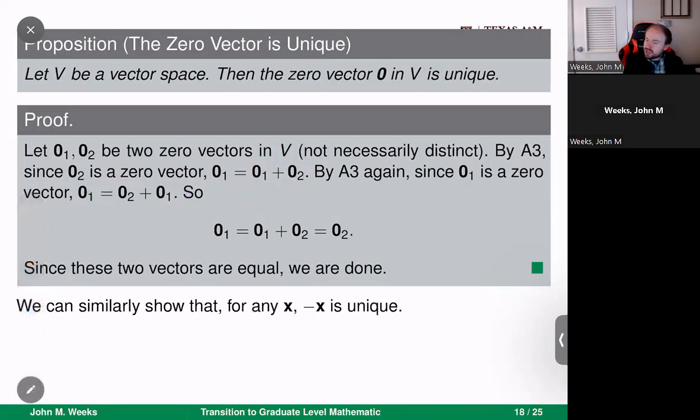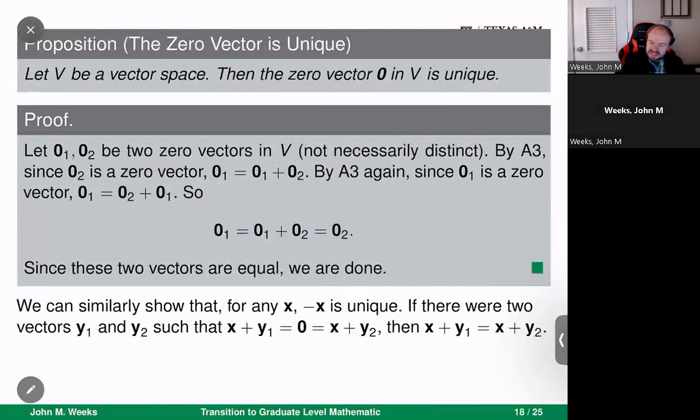So we can similarly show, by the way, using the same sort of techniques, that for any vector x that you choose inside of your vector space, negative x is unique. Let's see if we can maybe just talk through this argument a little bit. Well, let's say that there are two vectors, y₁ and y₂. And let's say that they both share the negative x property, if you will allow me to call it that.